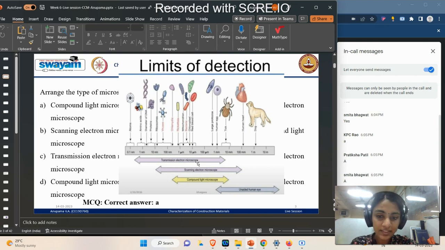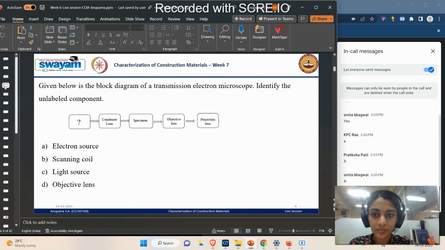So the detection limit of transmission electron microscope is much greater than that of scanning electron microscope and that of compound light microscope.